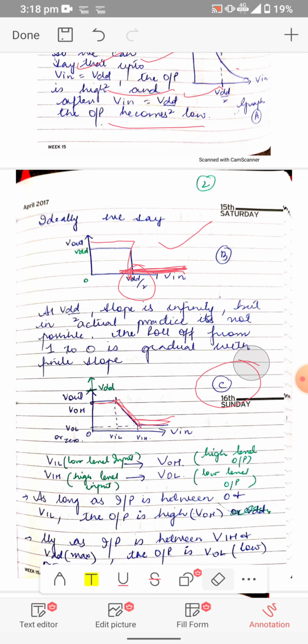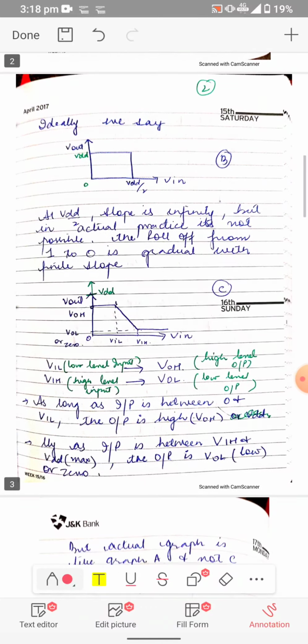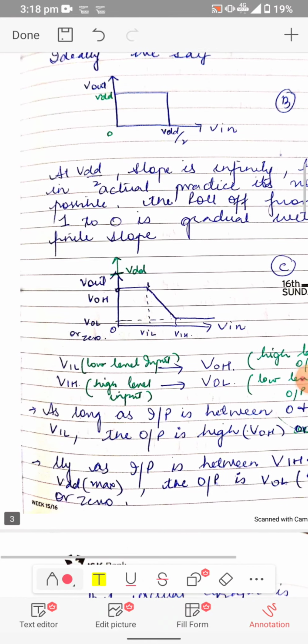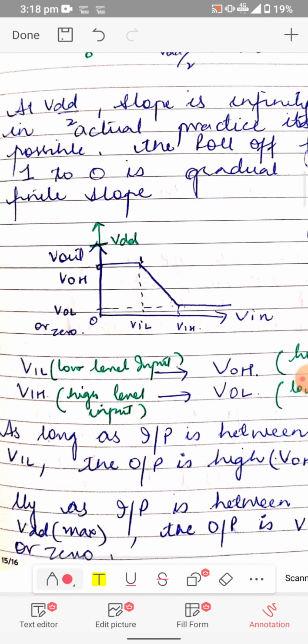Okay, now look at this graph C. What is there in graph C? As long as the input is from 0 to VIL, the output is read as high. It is either VDD or some value which is interpreted as high, that is VOH.